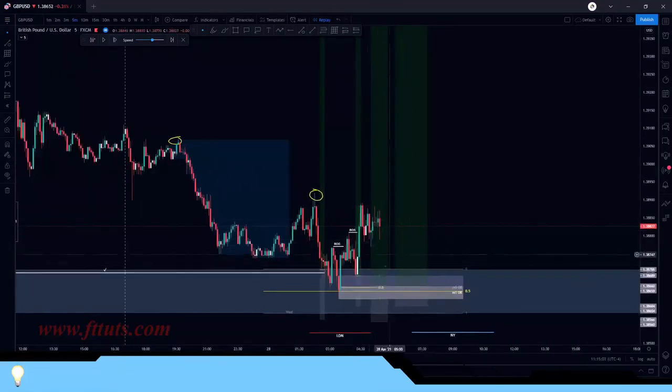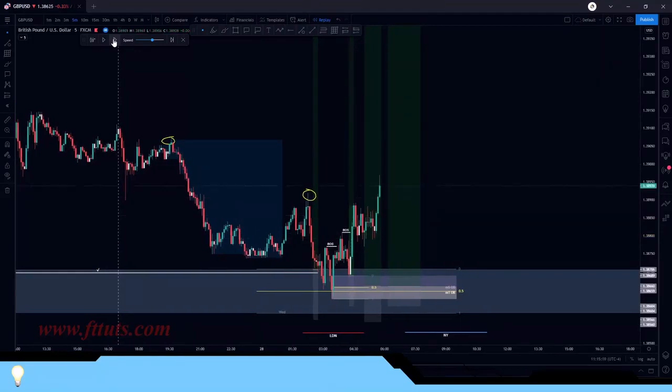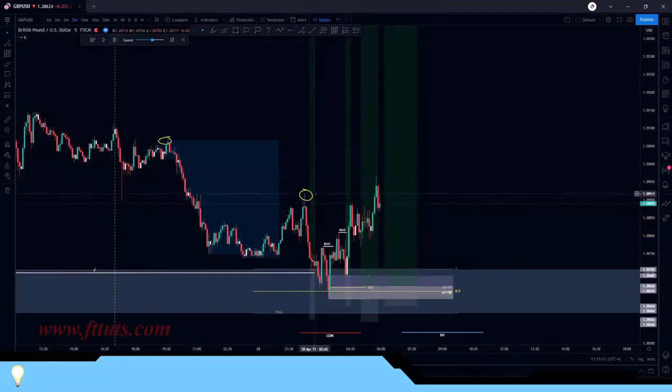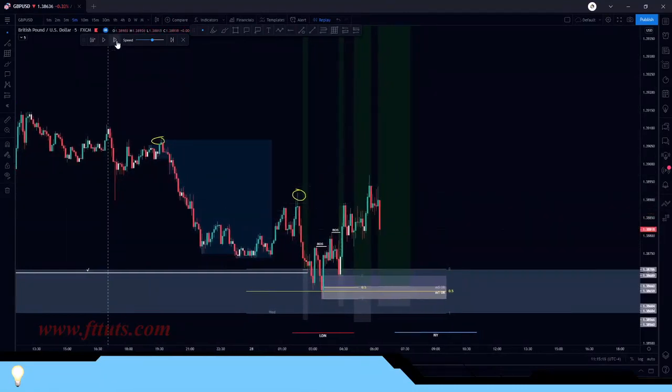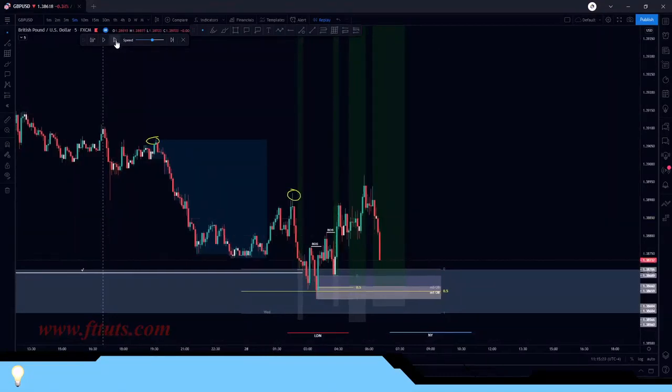We are somewhat in a dead zone, you know, in between the London session and the New York. So we could see price arranging in that area. Quickly sweeping the highs above here. And then eventually, as we approach the New York session time, this is where we're interested in taking an order, right?